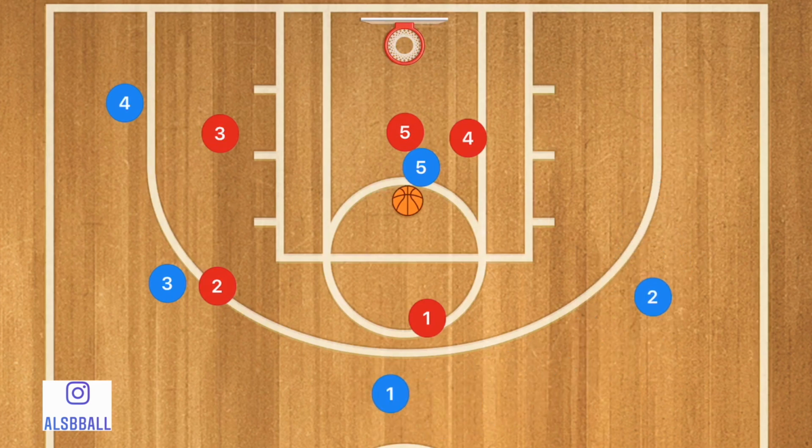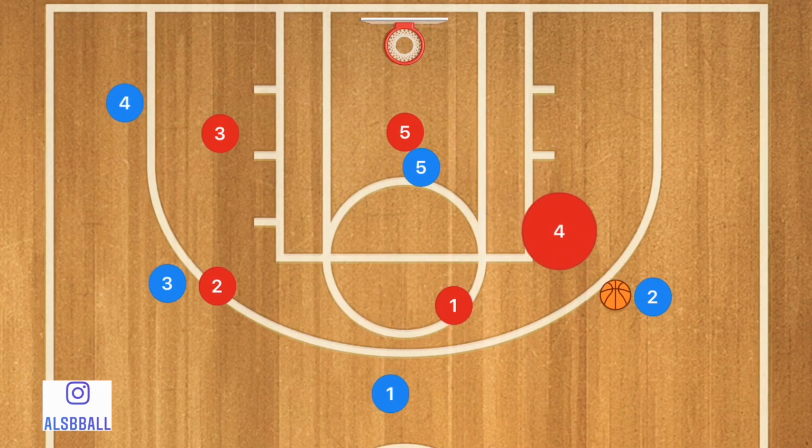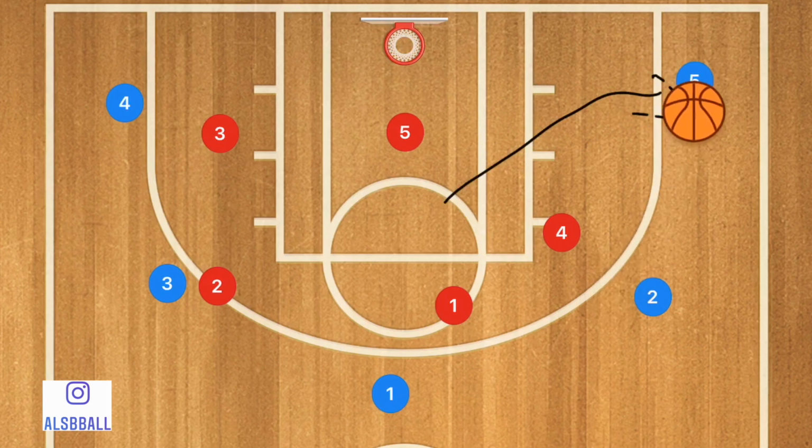Well, even if they did, we still have one of these 2 players open depending on what player 1 red is doing. And then, if player 1 red was still guarding more of the point position, player 5 could pass out to player 2. That would then have player 4 red scrambling out to defend him. Player 5 would then continue his cut out towards the wing, and this could be a 3-point shot. So again, a couple of different options by just reading the defense.